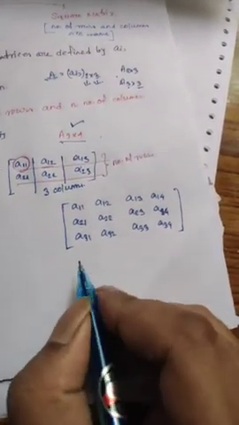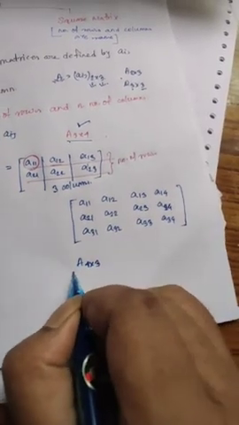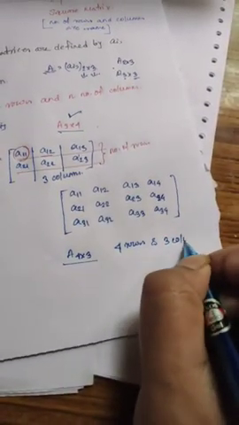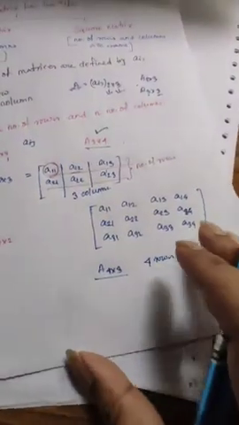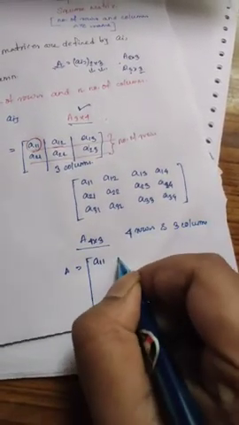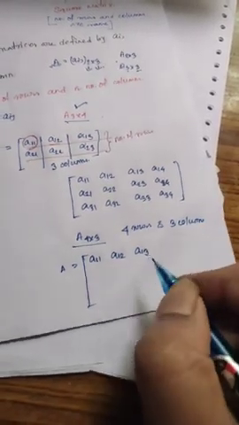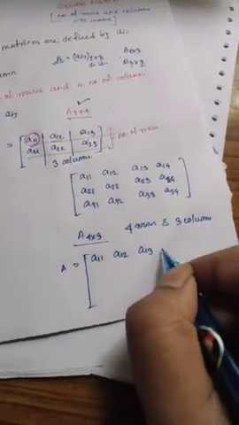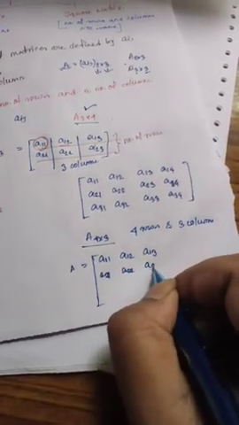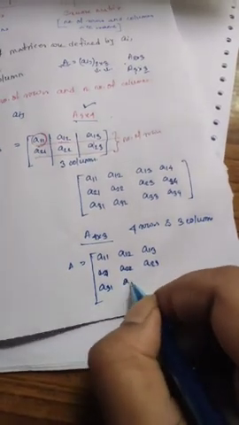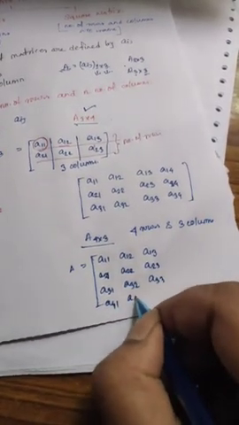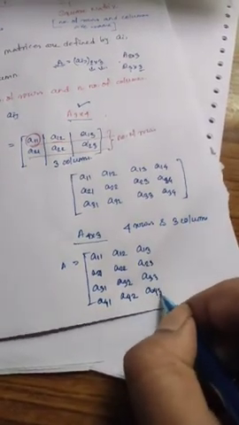Similarly, we can also construct the matrix A 4 cross 3, which contains 4 rows and 3 columns. The elements are a11, a12, a13, a21, a22, a23, a31, a32, a33, a41, a42, a43.